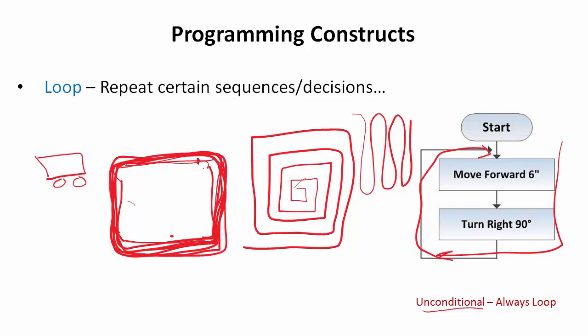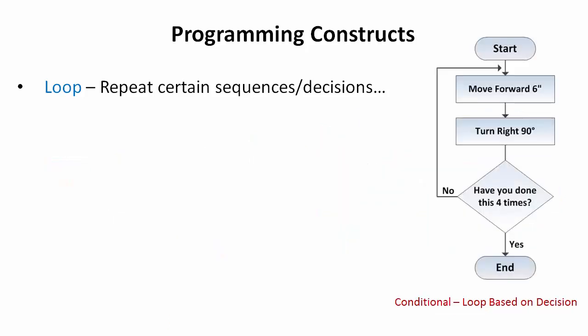There's one more loop though that's pretty interesting. This was an unconditional loop, but let's look at a conditional loop. A conditional loop is where you only loop a certain number of times. So I'm going to represent the decision on when to loop using this decision diamond again.